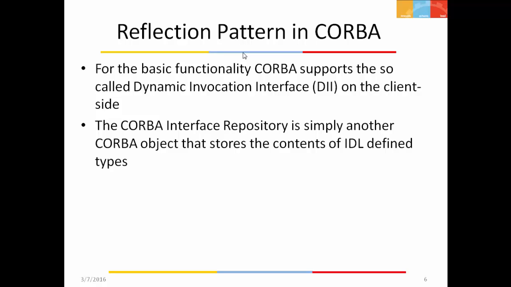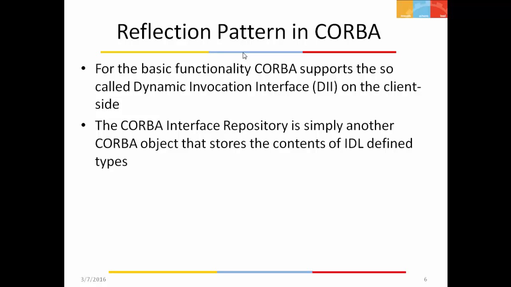But what I was telling is that this whole infrastructure is completely transparent even to the server designer. The developer who implements the server creates the server IDL and compiles it, and this interface repository is automatically created when the IDL is compiled. So when the server is compiled and created, the CORBA interface repository is also created.